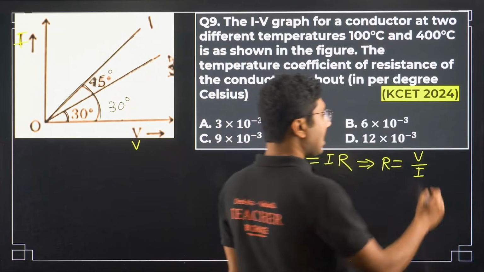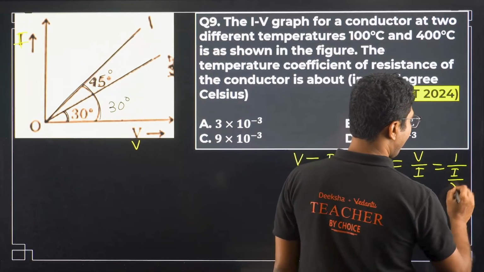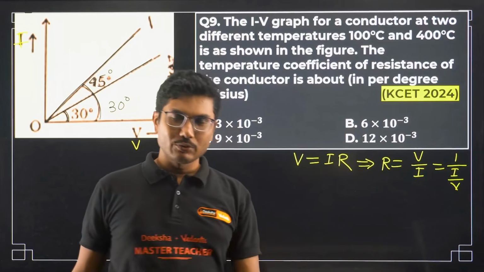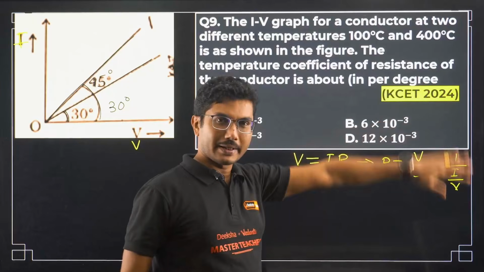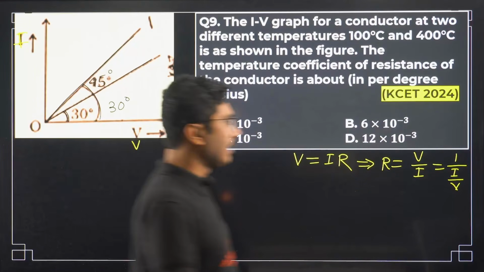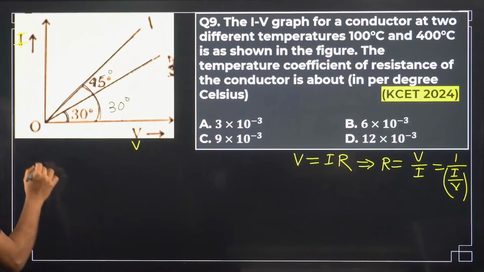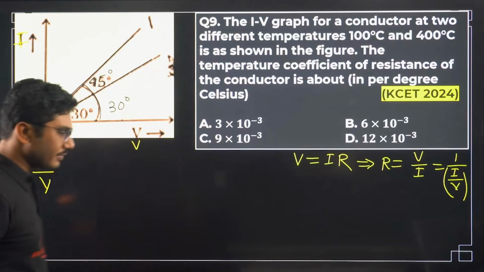Now if somehow I can write this as 1 by I by V, then what will happen? V will go up and the value will remain unchanged. Now what have we achieved by this? If you see this denominator now, I by V, what does it represent in respect of this graph?